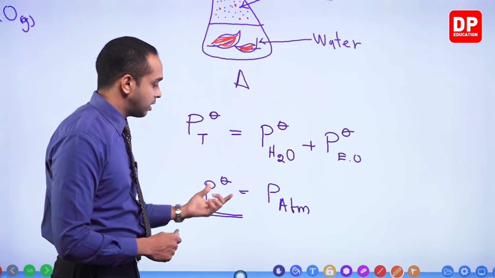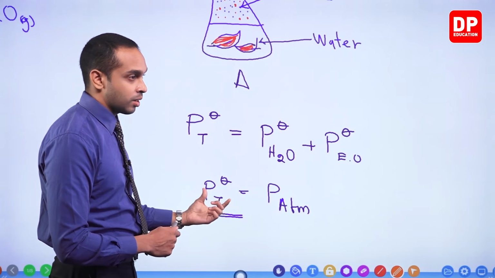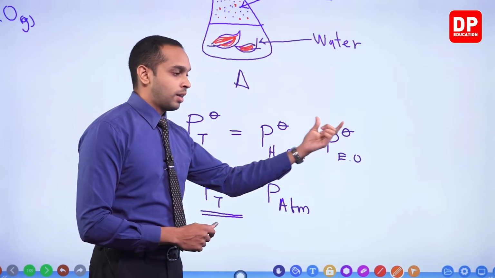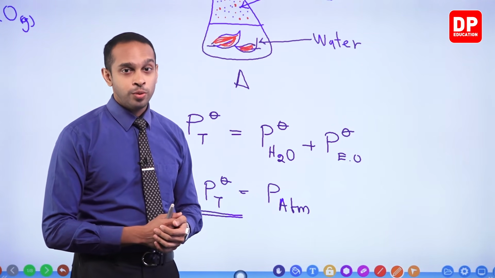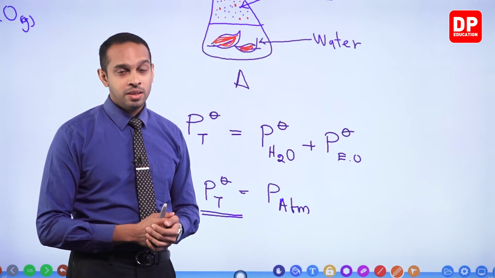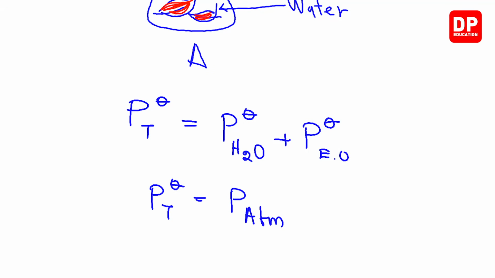Because what we are looking at is the overall pressure that is generated by the saturated vapor pressure of water as well as the saturated vapor pressure of essential oil. So if you have written an answer including all of these points, you will get your marks. So that is the answer to this question.